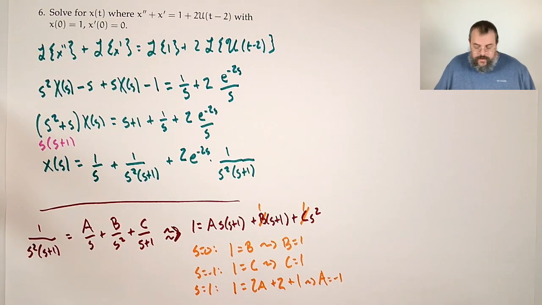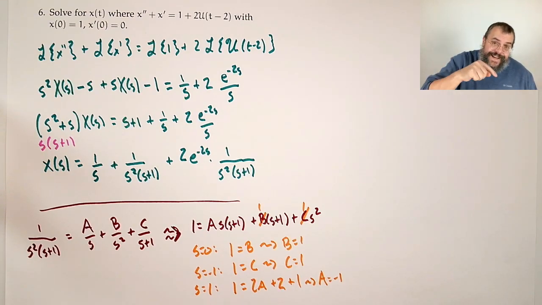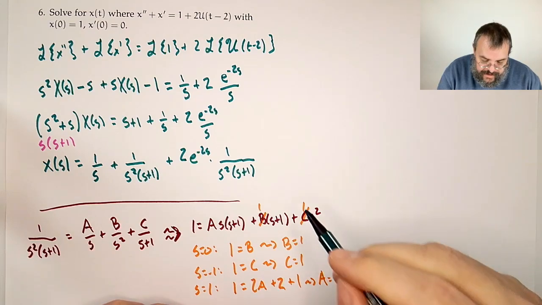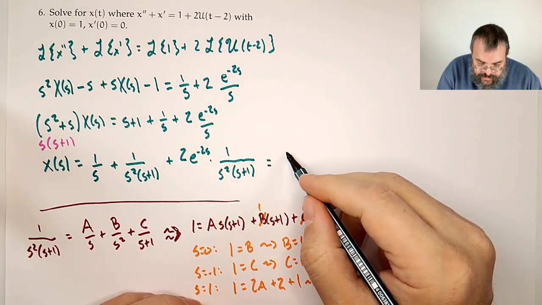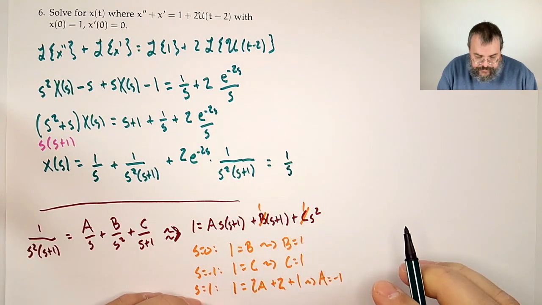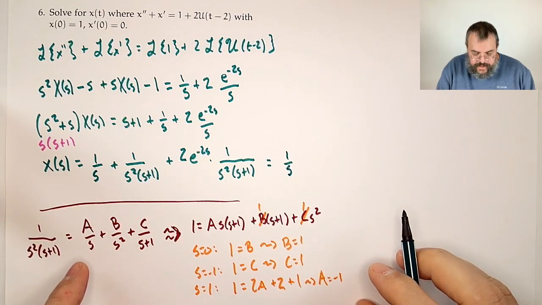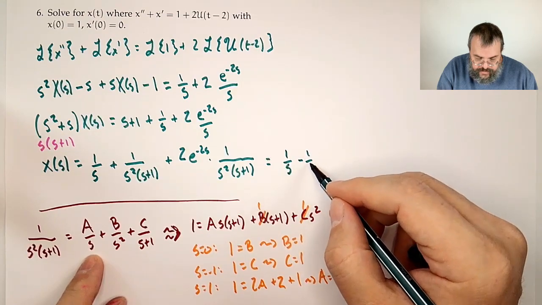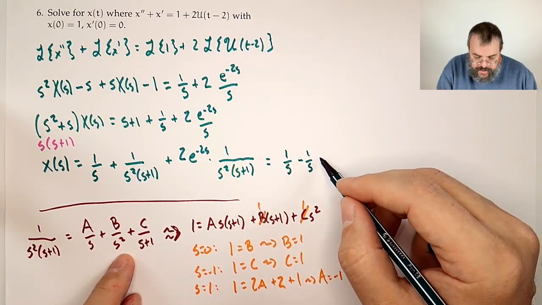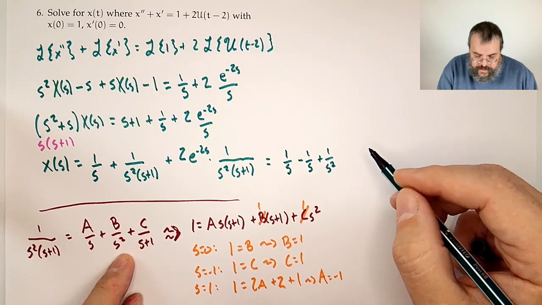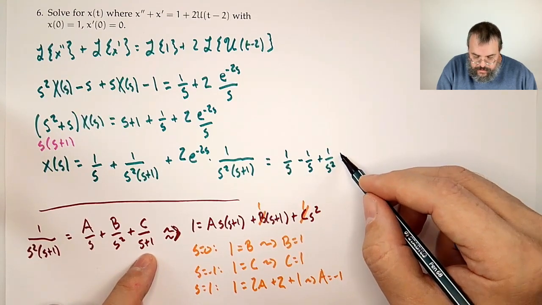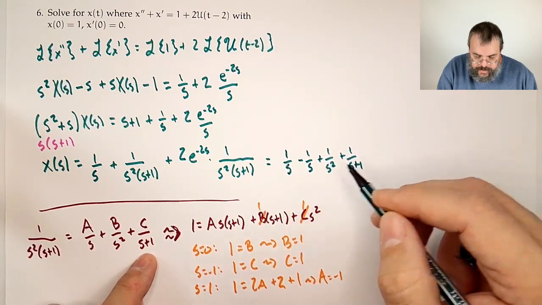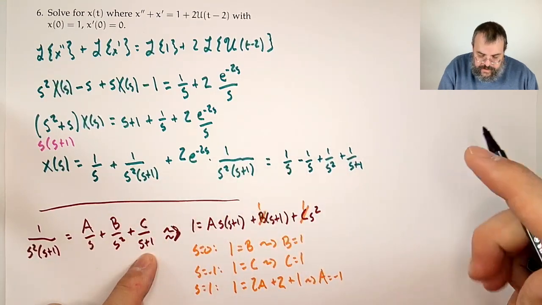All right, so what we can now say is we go back to the previous part and we say, hey, this part is really 1 over s from there. And then we have our a, which is minus 1 over s, plus our b, 1 over s squared, plus our c, 1 over s plus 1. Okay, that's the piece there.